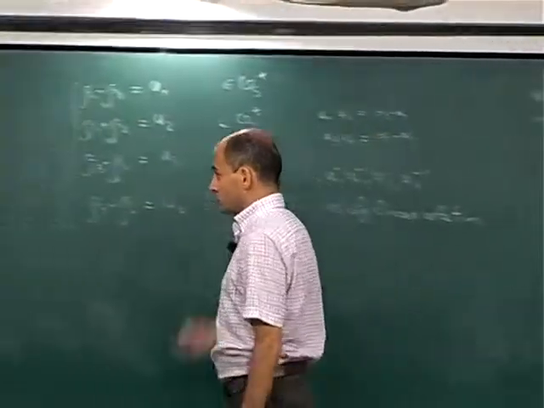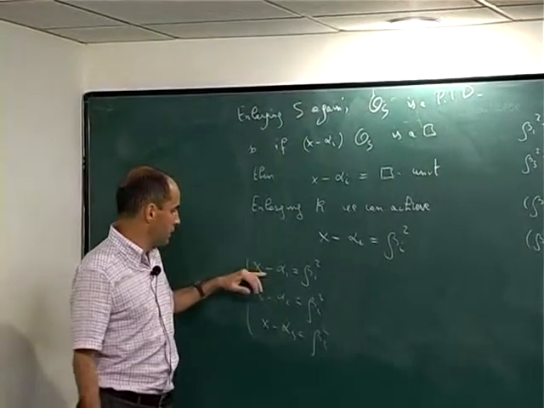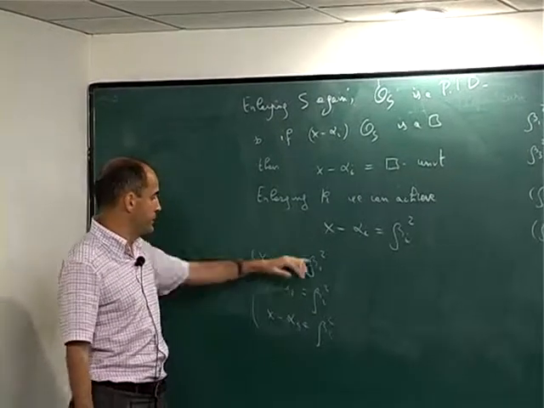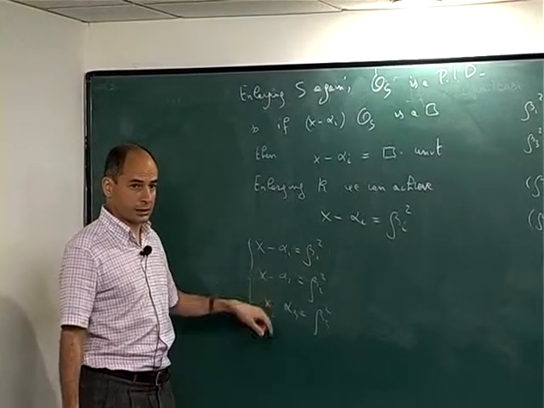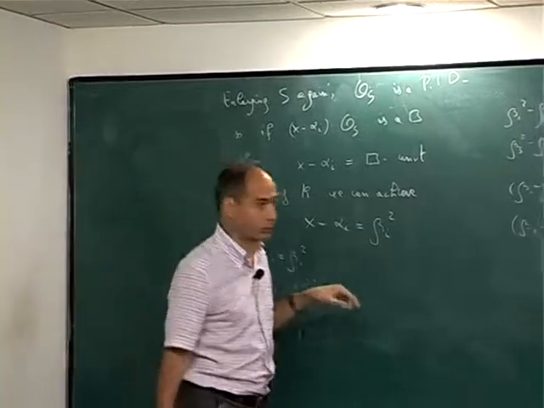They can be expressed in terms of beta, and the beta can be expressed in terms of algebraic functions of x. So beta 1 is a square root of x minus alpha 1, and so on.